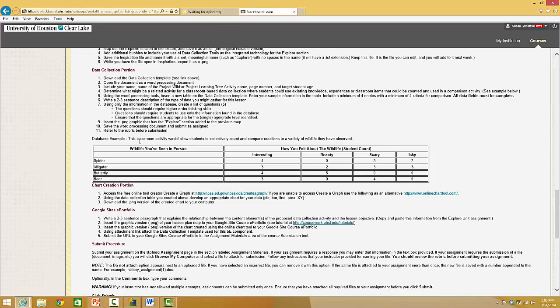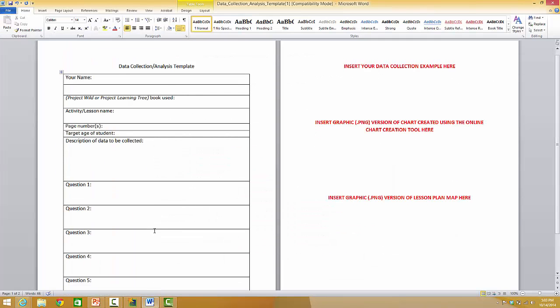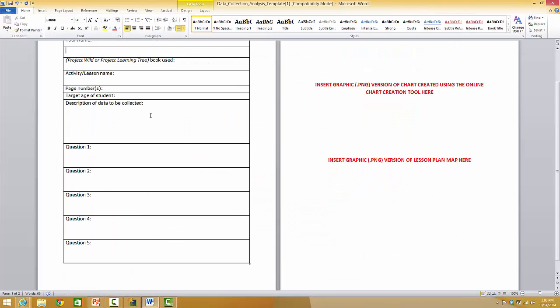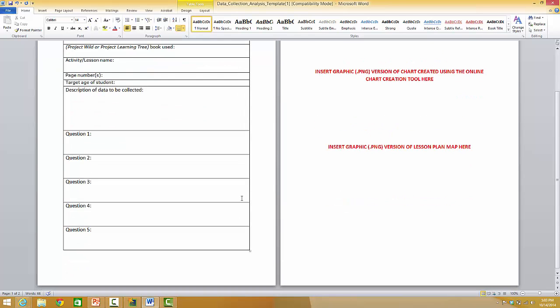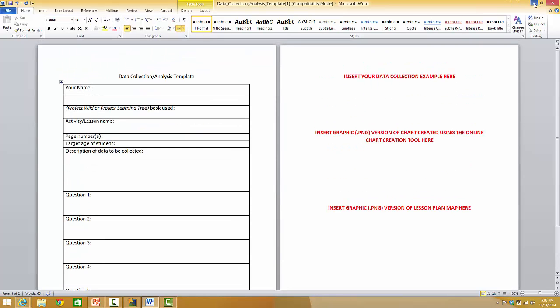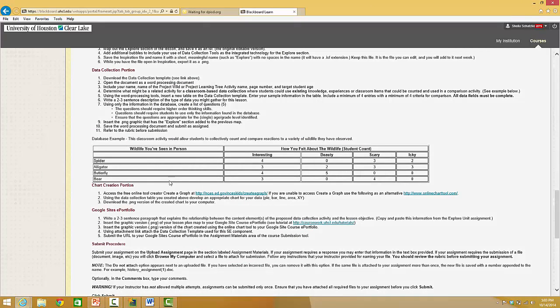So basically you have on your Word document, you're going to come up with 5 questions, description of the data to be collected, and then what your questions are. Then you're going to put that data, your data chart, like this one. You're going to take your questions and you're going to put it into chart form, okay? Then you're going to put some fake data in there.